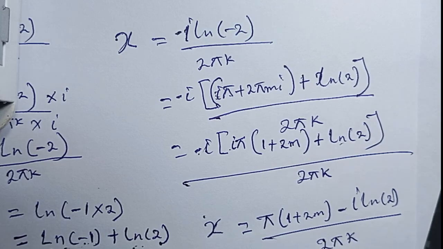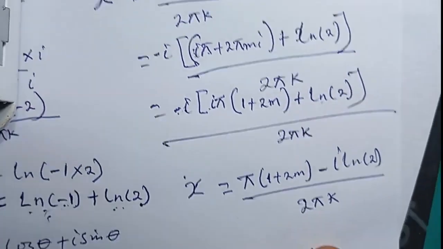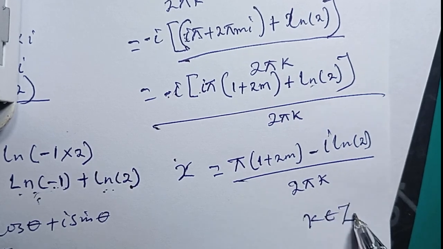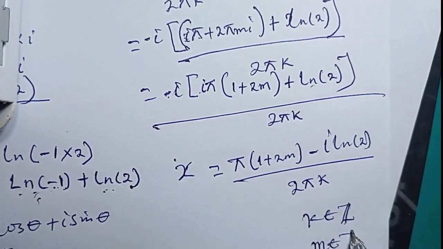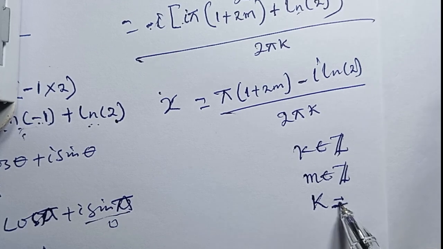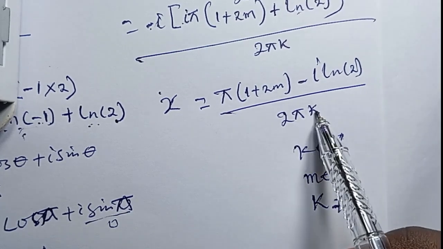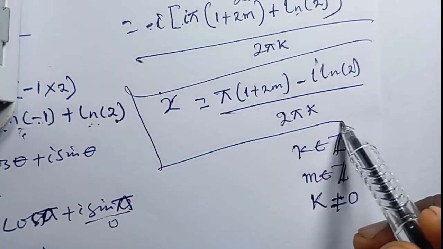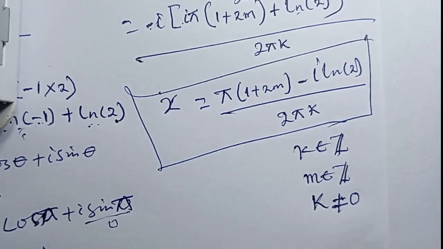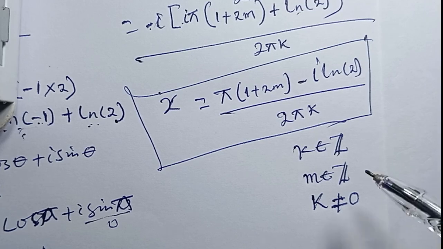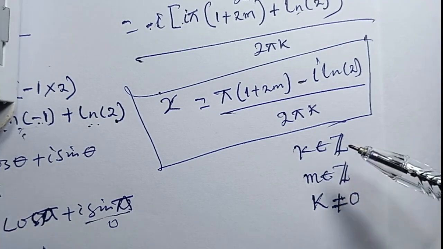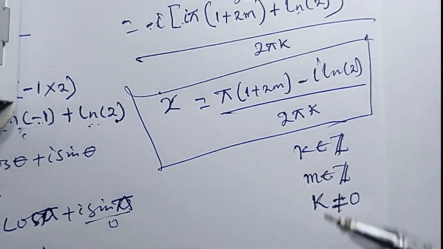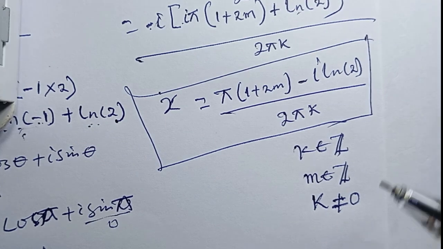This is true for all integer values of k and integer values of m, and of course k is not equal to 0, because if k becomes 0 here there is a problem. This is the value of x which will satisfy the problem we are solving, but it is not a general solution because all of these conditions must be met before x will be a solution to the equation we are solving.